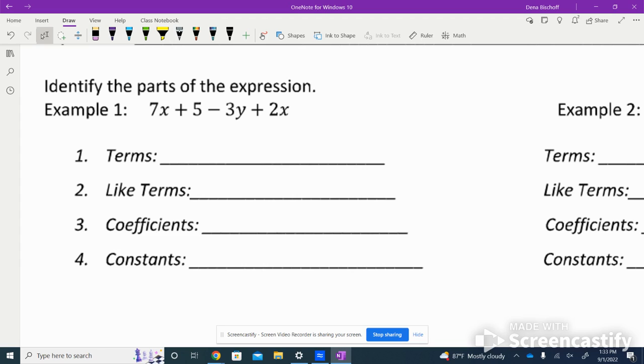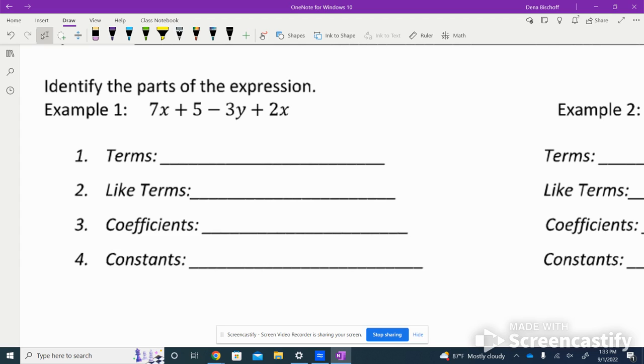All right. Let's talk about coefficients. We said that a coefficient, Daniela, you told us what a coefficient was. It's the number that's what? Attached to the variable. So coefficient is the number that's attached to the variable.